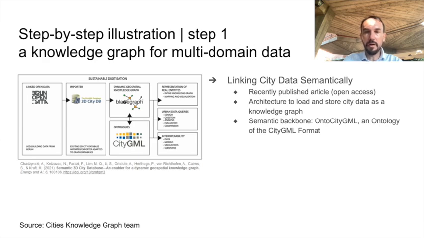In a knowledge graph, all data needs to be represented as semantically related concepts or ontologies. The backbone of the city's knowledge graph is an ontology for the CityGML format used for 3D city objects.